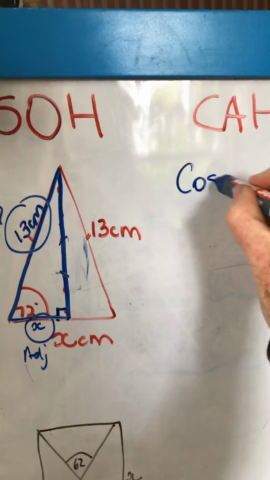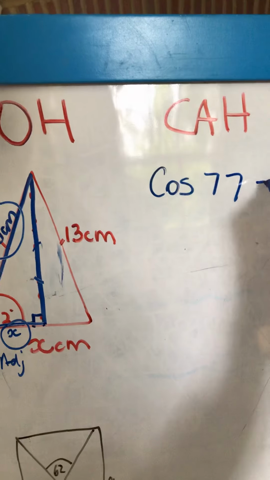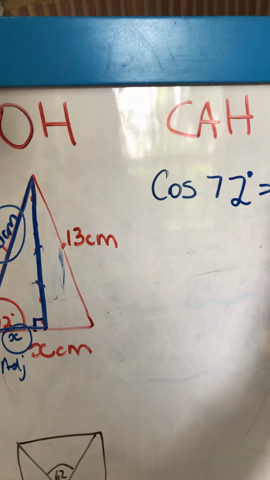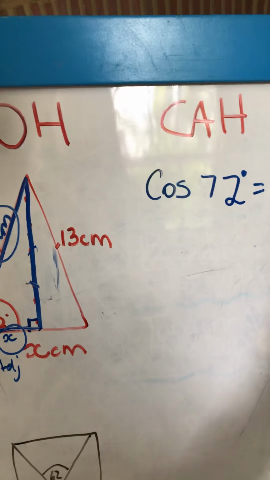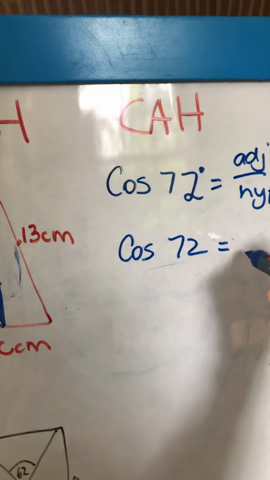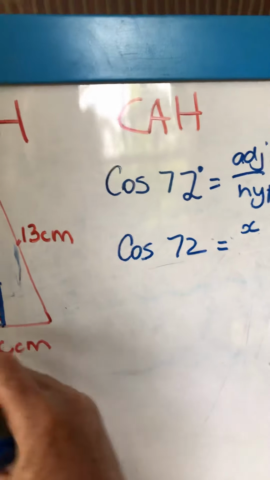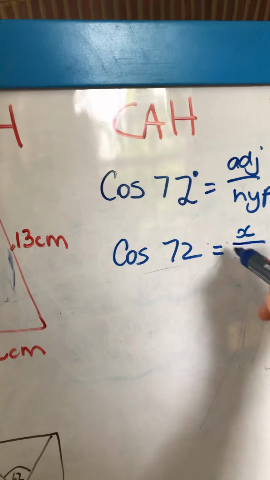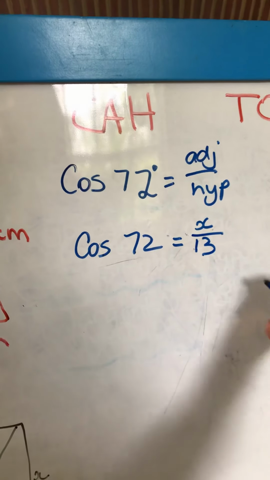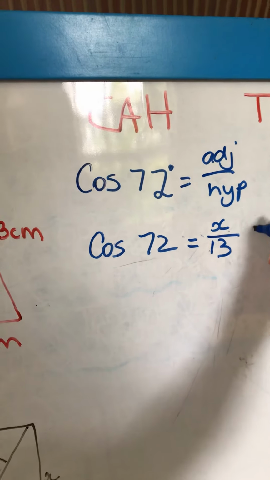So we're going to use cos of 72 equals adjacent over hypotenuse. You put your numbers in. Cos of 72 equals adjacent, which is half of our x, over the hypotenuse, which is 13.